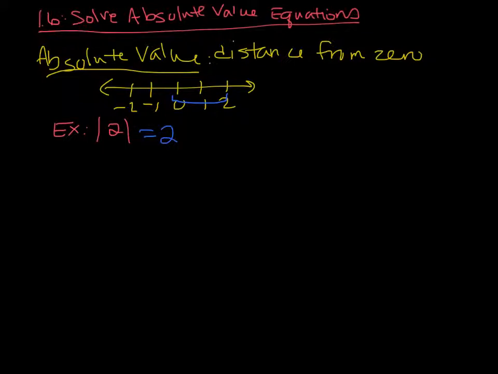So the answer for that would be 2. And the absolute value of -2 is also 2 spaces from 0, so that's also going to be 2. In fact, you'll find that whatever is in your absolute value bars is going to become positive.